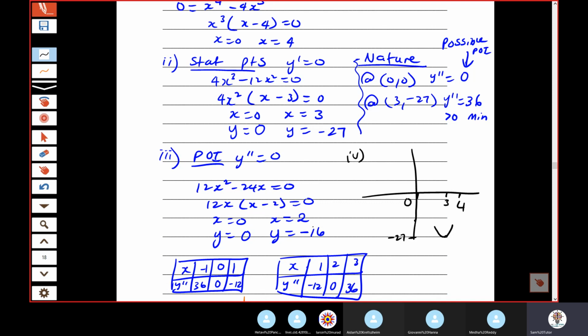Just making sure. And then at 2 and -16, we realize it's a point of inflection. So that means it's not just going straight up. It's got to change a little bit at that point. So this is happy, and then it's changing like that technically. Cool?